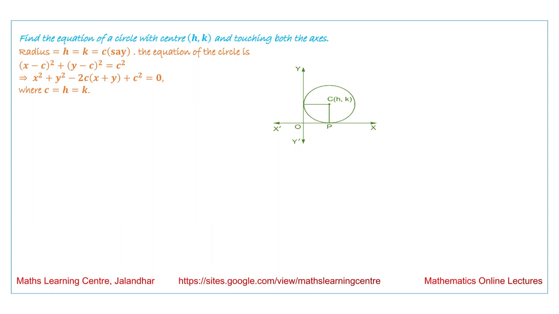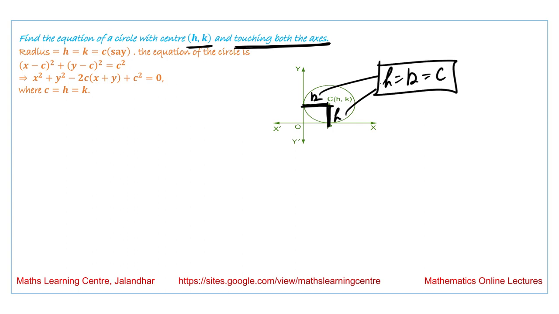Next question we have is: find the equation of the circle with center (h, k) and which touches both the axes. Touching both the axes means that both these lengths, this is h, this is k, are the radius and both should be equal, say equal to c.